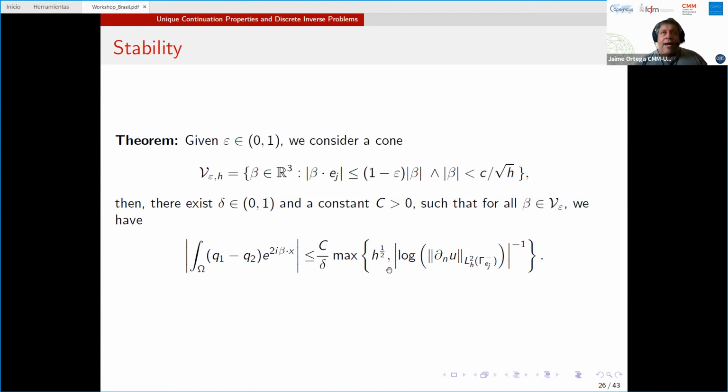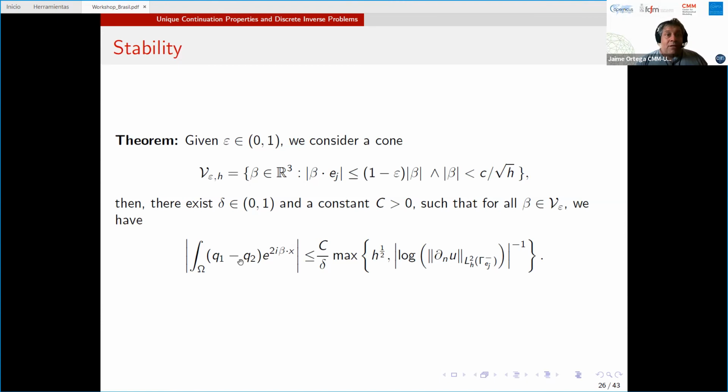And this result agrees with the results of Alessandrini, because Alessandrini's estimates are logarithmic. Let me say what this means: if the logarithm of these estimates are close, then the solutions are close.